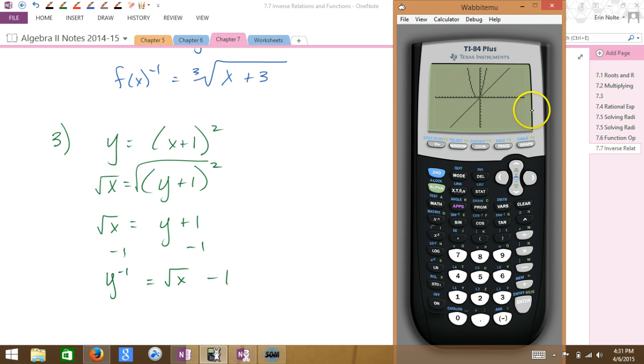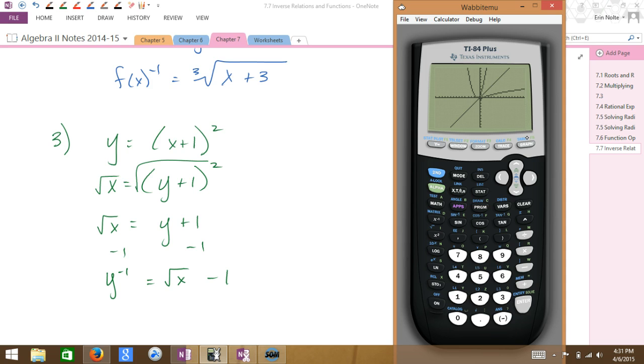You see it? Okay, so let's type in the inverse and see if we're right. We have the square root of x in the parenthesis, -1. Okay, so here it comes. There's the top.